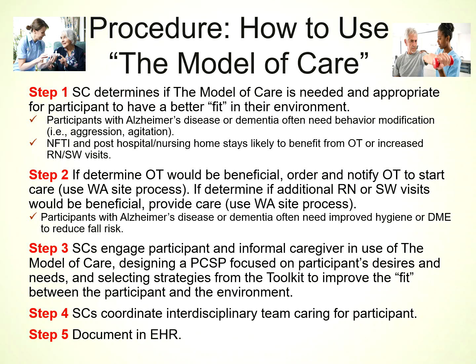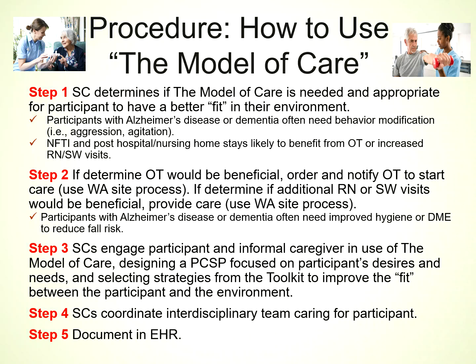Participants with Alzheimer's disease or dementia often need improved hygiene or DME to reduce fall risk. Then step 3 in the procedure, supports coordinators engage the participant and informal caregiver in use of the model of care, designing the person-centered service plan focused on the participant's desires and needs, and selecting strategies from the toolkit to improve the fit between the participant and the environment.